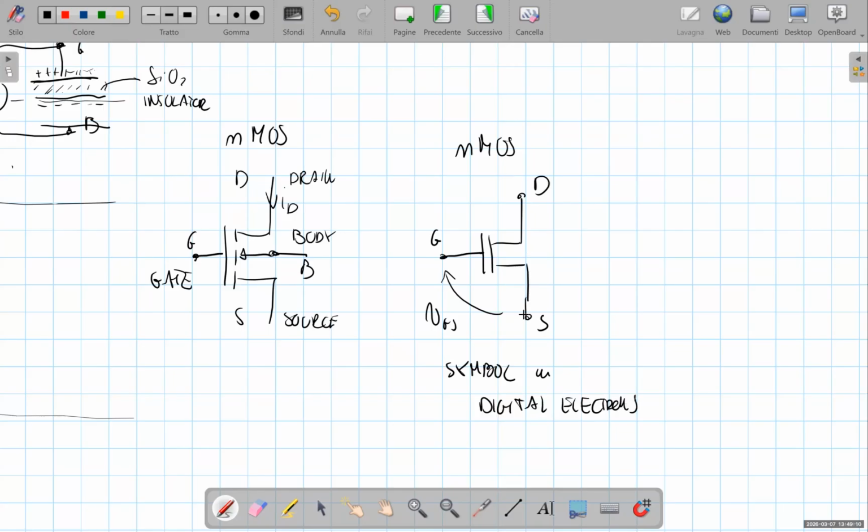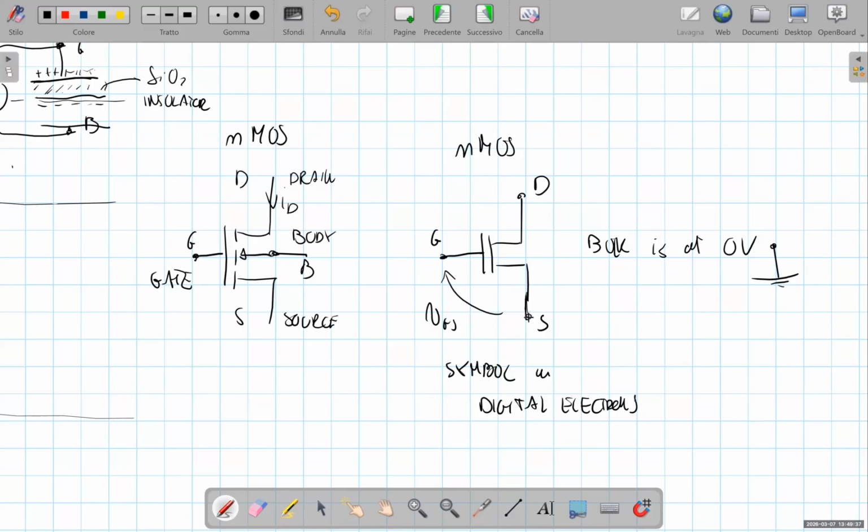Okay? In this symbol, it is assumed that the bulk is connected at 0 volt. That is the lowest potential in the circuit. In this symbol, you may observe that the MOS transistor in itself is symmetric.